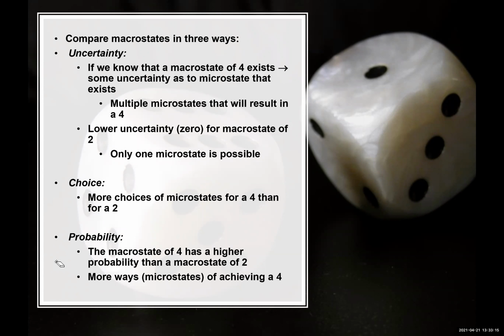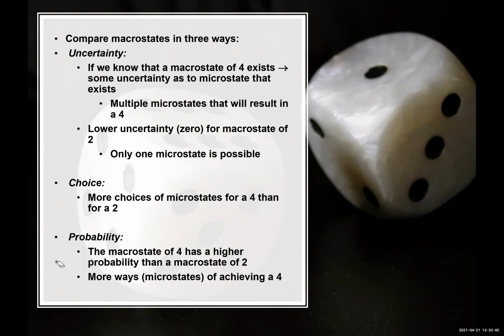To have four, we can have one of them one and the other three, or both two, since two and two gives you four, or the first one three and the second one one. That means we have different ways we can get four, right? So we can have one three, two two, or three one.